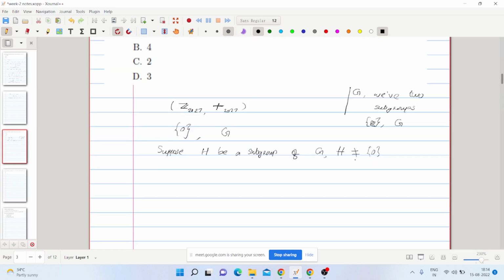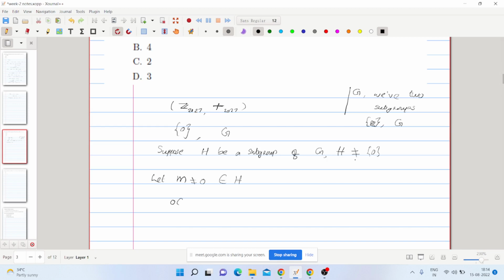Can we find an element other than 0 in H? Yes. Let m be an element, of course not equal to 0, which is an element in H. I am taking m as an integer, because m in H means m is an element of Z_2027.